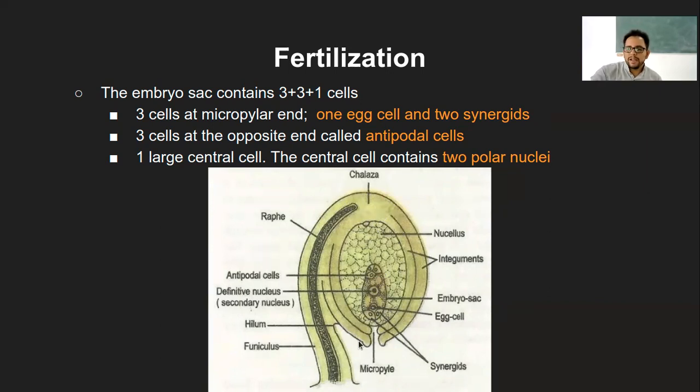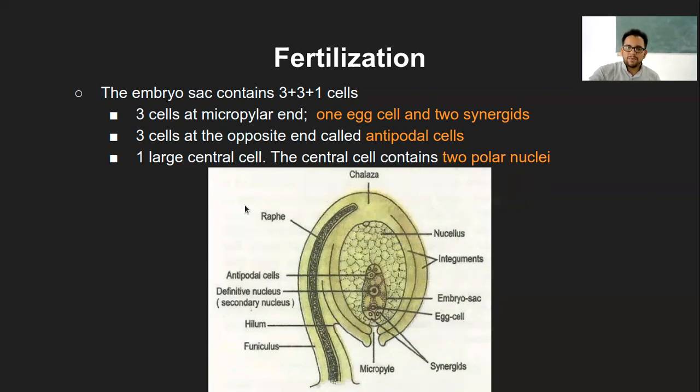So there is the micropyle, and opposite to the micropyle is always the chalazal end, from which the integuments arise. If you can see these integuments, it looks like they arise from this chalazal end. That is the outermost covering.